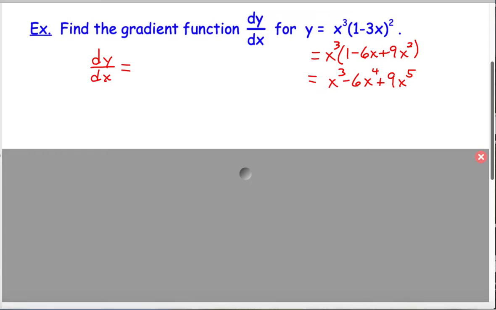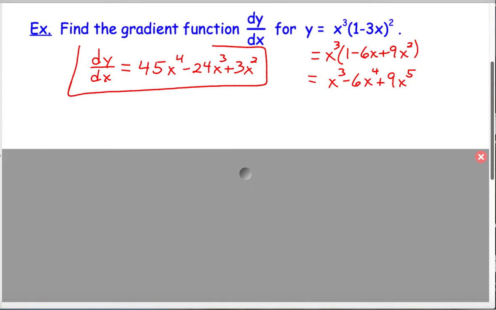And so for dy dx, now I can just use the power rule, and I'll put it in descending order. So it's going to be 45x to the fourth minus 24x to the third plus 3x to the second. I'd save myself some time by simplifying instead of trying to use one of the rules just to use one of the rules.